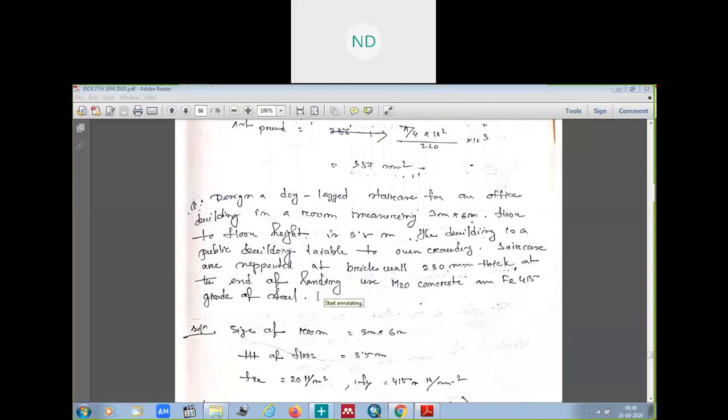I forgot, add this to the question so that it will be easy for you. Consider the ceiling finish to be 12.5 mm, and the M20 concrete and Fe415 grade of steel.